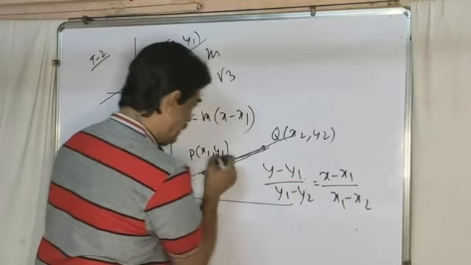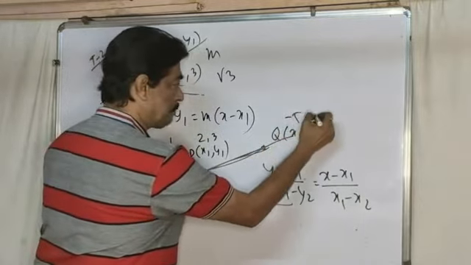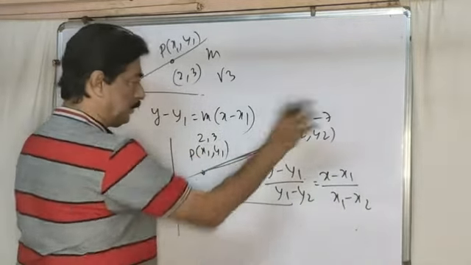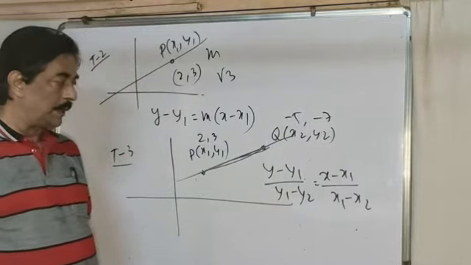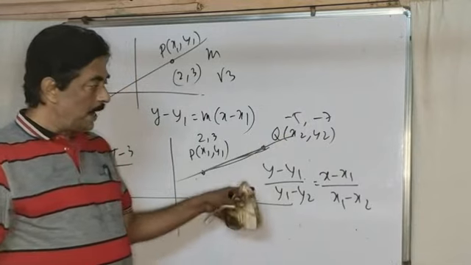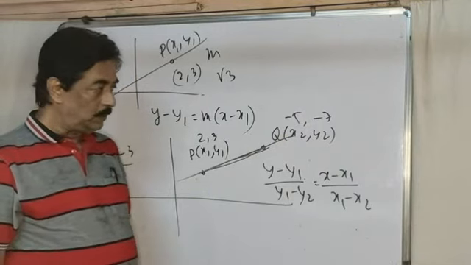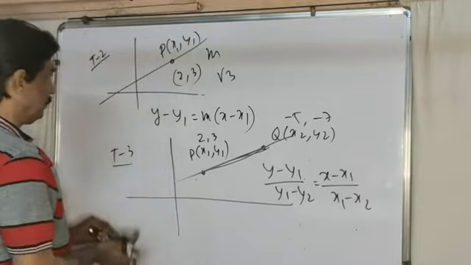Just put the values. Say they are giving (2, 3) and (minus 5, minus 7). So put x1, y1, x2, y2. We can get the direct result when a line passes through the 2 particular points. Now, theorem number 4.